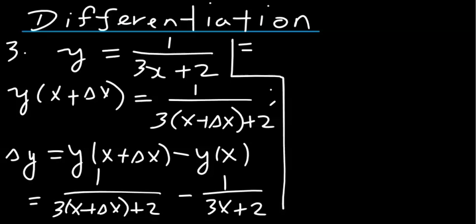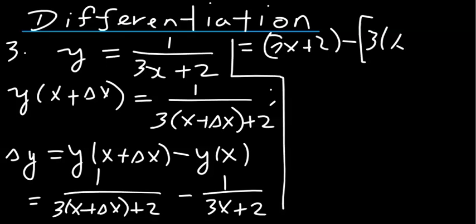So delta y will become 3x plus 2 minus 3 times x plus delta x plus 2.